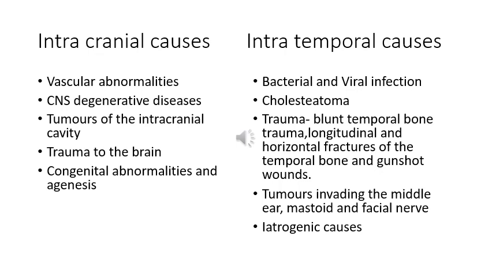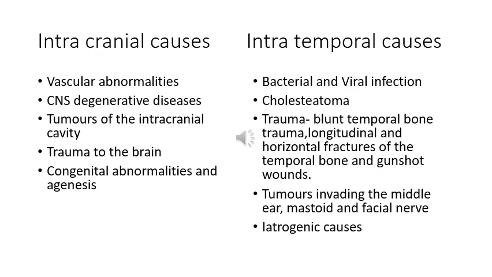There are many methods of classification depending on the pathway of the nerve. I'll just mention one method, that is based on the pathway of the nerve through the cranium: intracranium, intratemporal, and extracranium. So intracranial causes, that is inside the cranium, include vascular abnormalities like stroke, then degenerative diseases of the central nervous system and tumors of the intracranial cavity.